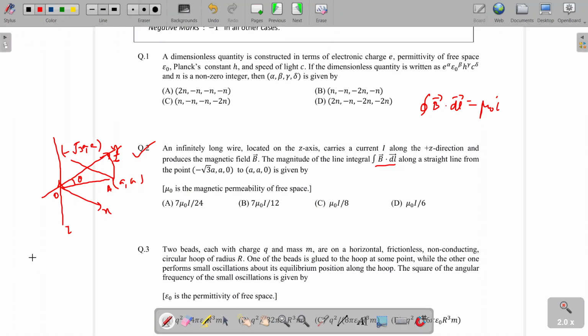You can easily guess this angle theta is going to be pi by 4, because the point is (a, a).